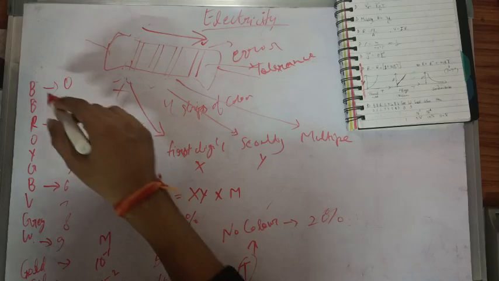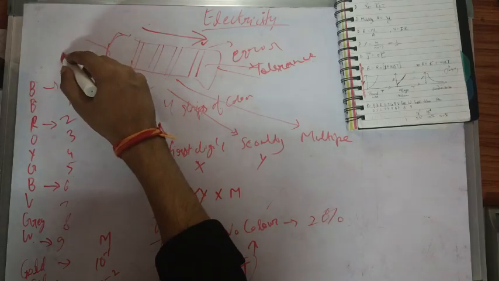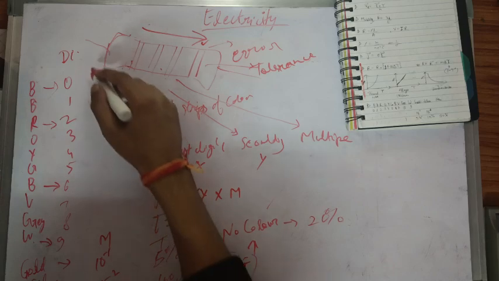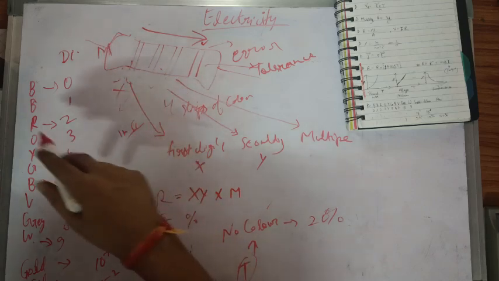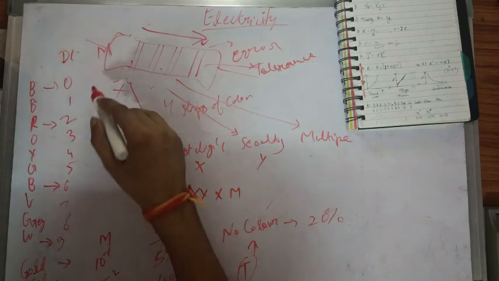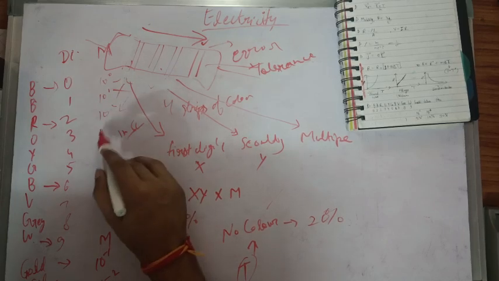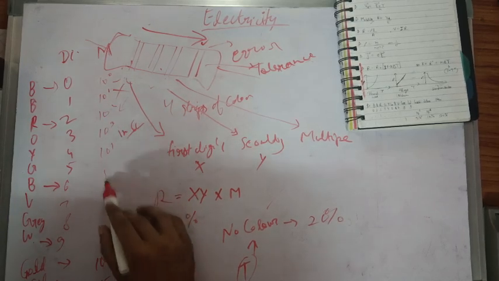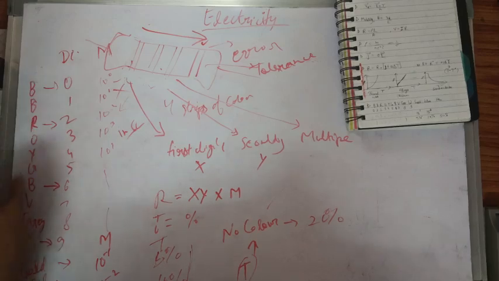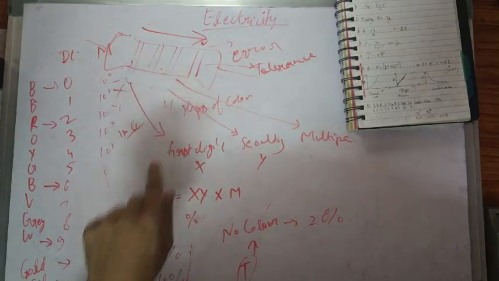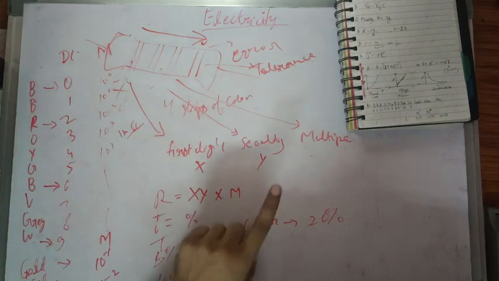And this is the digit for first and second. And in case of multiplier, these are used for multiplier also. It means 10 to the power 0, 10 to the power 1, 10 to the power 2, 10 to the power 3, 10 to the power 4, and so on. All these colors are used for multiplier also, and these are not used for tolerance.